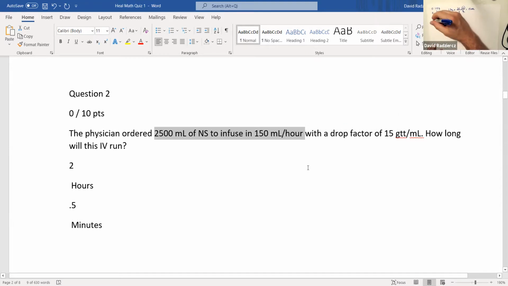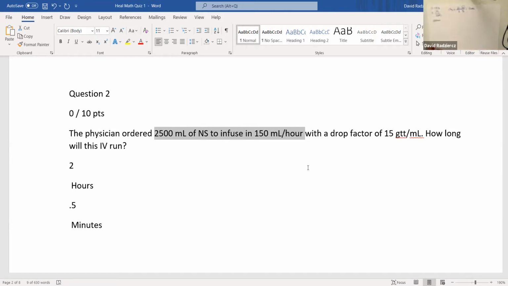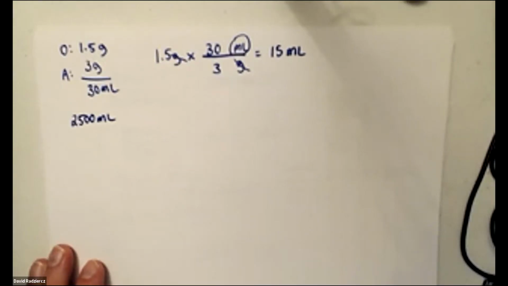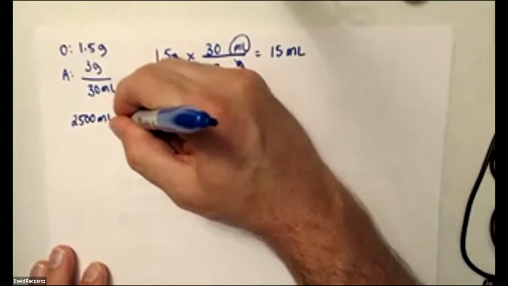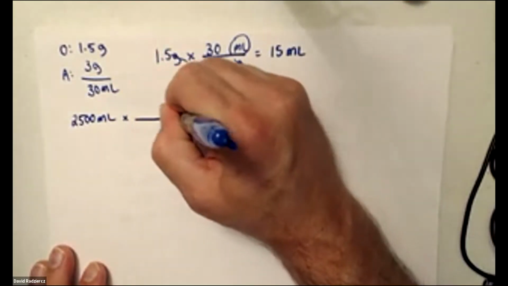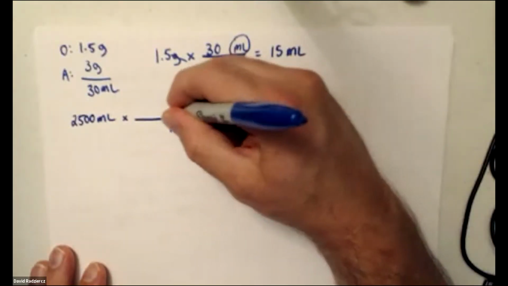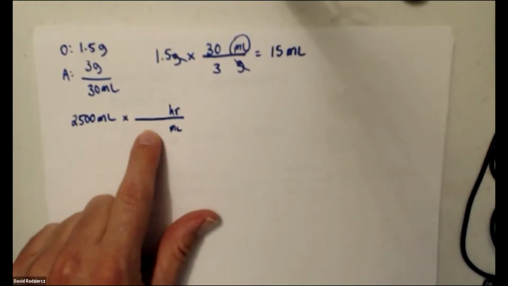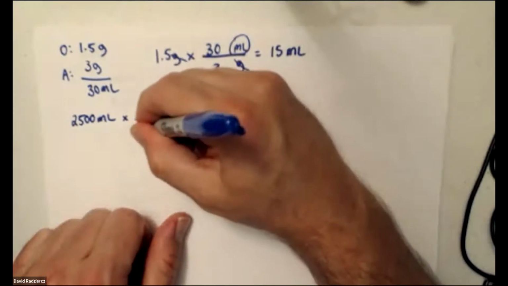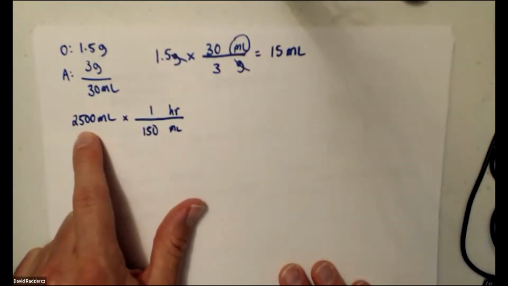So we have a 2,500 milliliter IV, and it's infusing at 150 milliliters per hour. If I'm looking for how long it's going to be running, I'm going to express that relationship, take my infusion rate, the 150 ml, and relate it to my total IV solution.